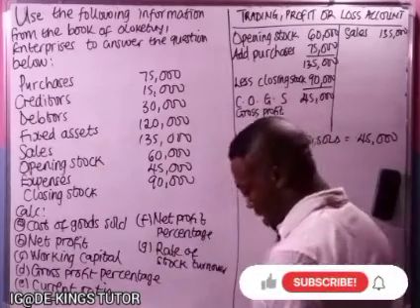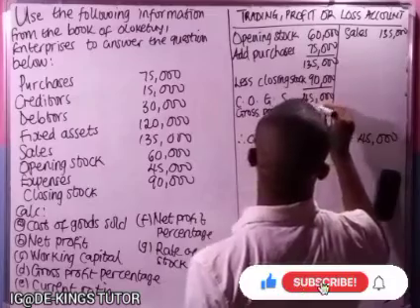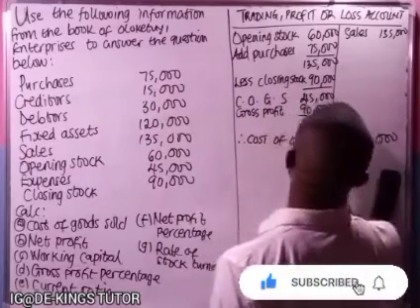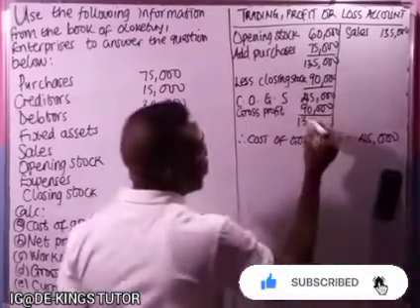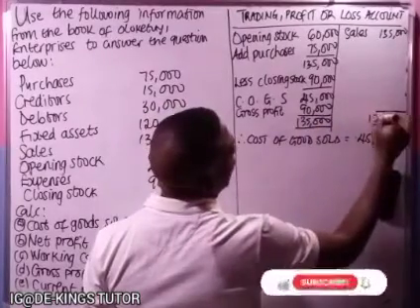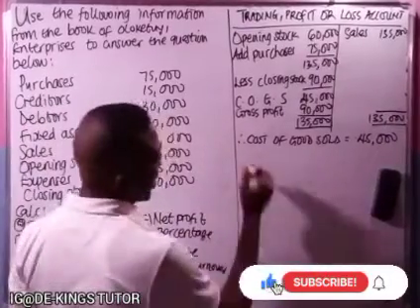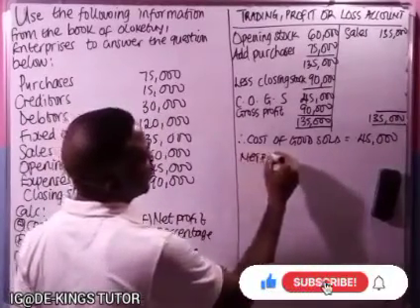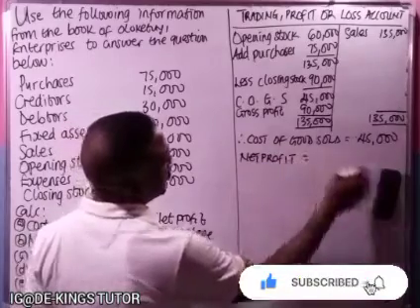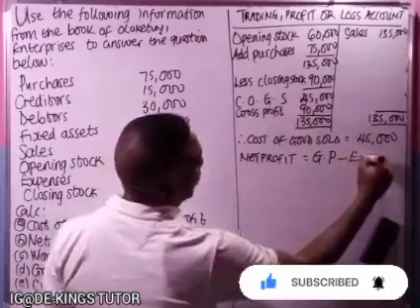So we'll have 135,000 minus 45,000 is 90,000. So that when you add together, you have 135,000, and this is 135,000.